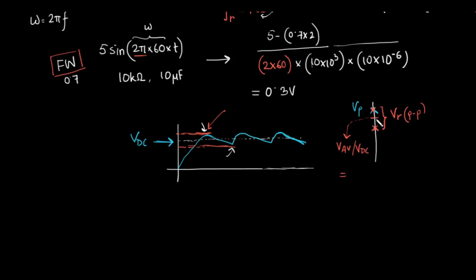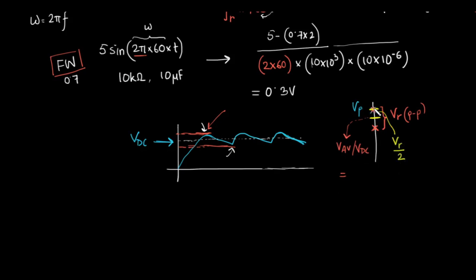If the distance between the upper part of the ripple to the lower part of the ripple is Vr, then what is the distance between this point and this point? Well, this distance would be Vr by 2, right?